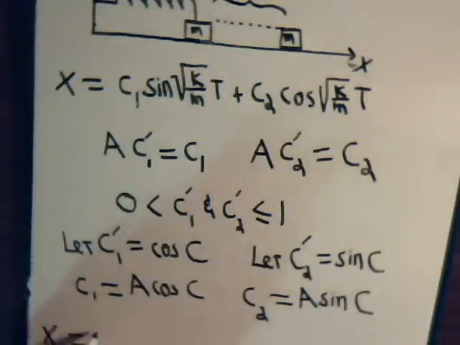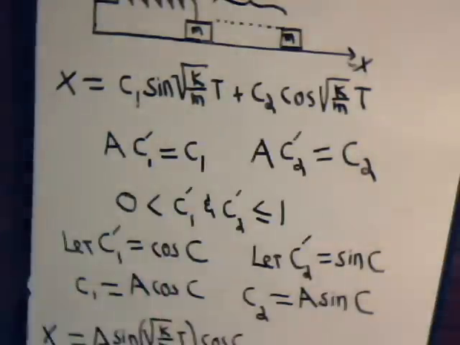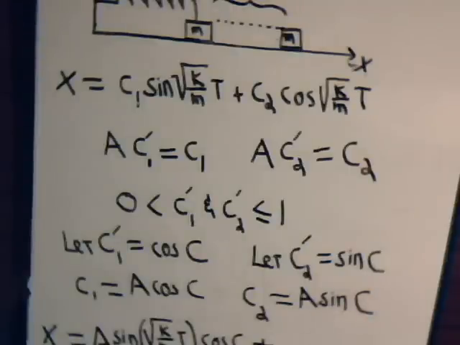So we're going to have A times this, the sine of the square root of k over m times t times the cosine of C. A times the cosine of C is C1, and that's what that is. Again, all we're doing now is just fiddling around with these arbitrary constants. Then we have plus C2. Well, C2 is A times the sine of C.